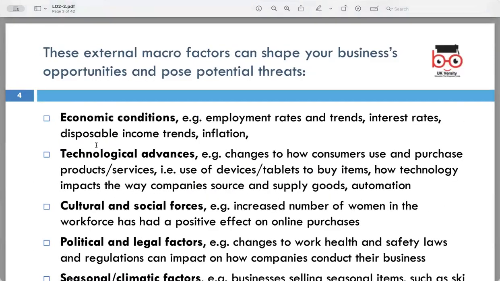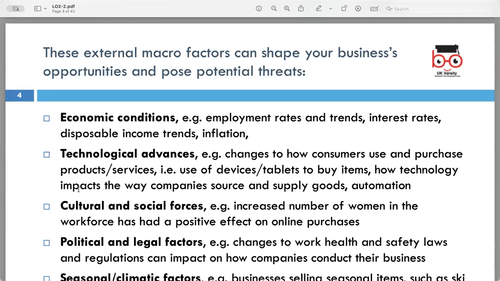Though these external macro factors can shape your business opportunities and pose potential threats, your company's chances and possible dangers can be influenced by the following external macro factors.